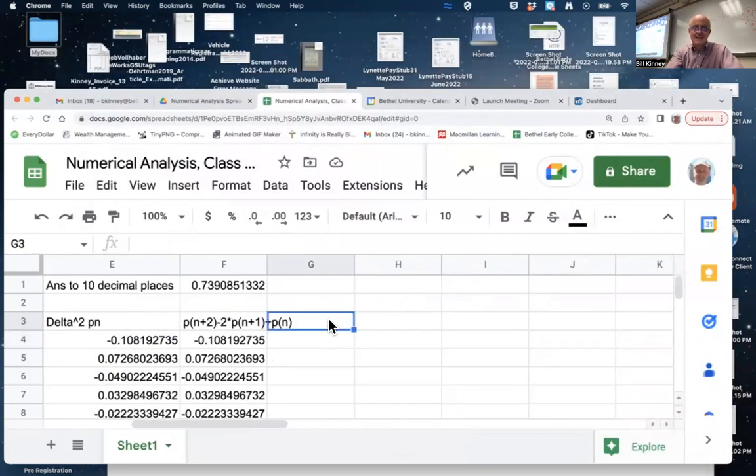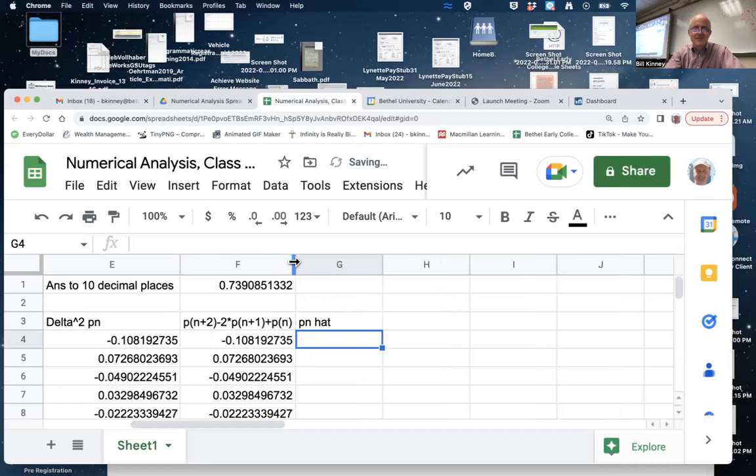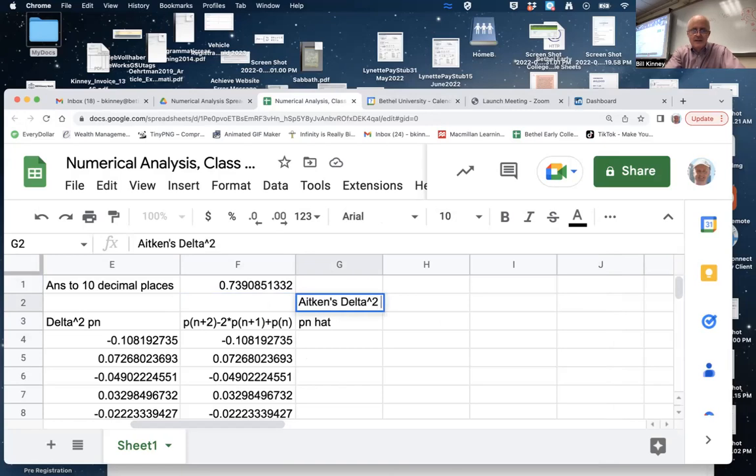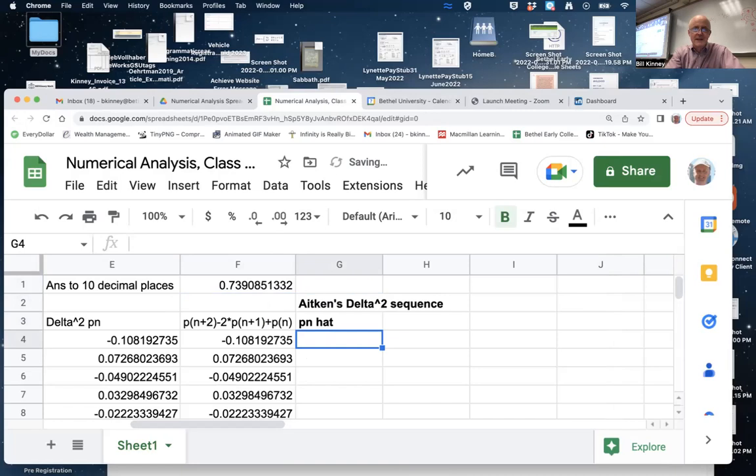So this is Pn hat. This is the Aitken's delta squared method. Aitken's delta squared sequence, I'll call it. Pn hat, this is what I'm after.